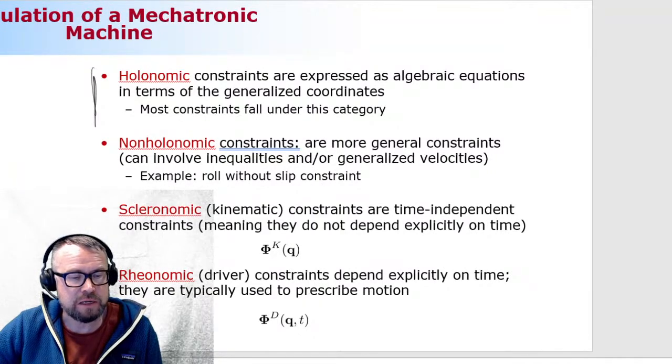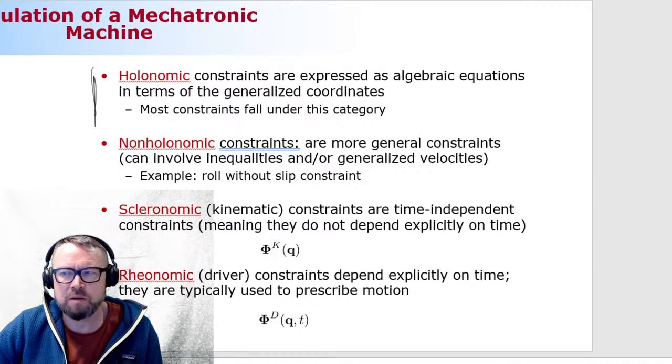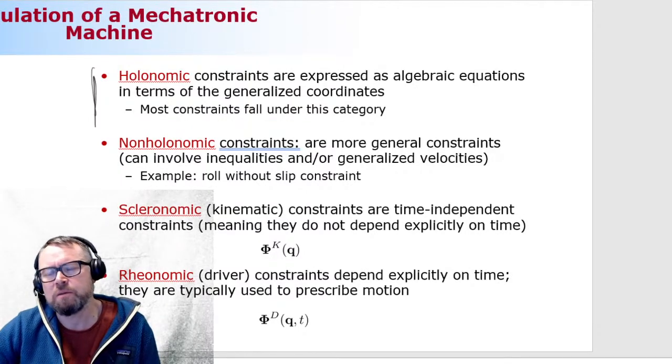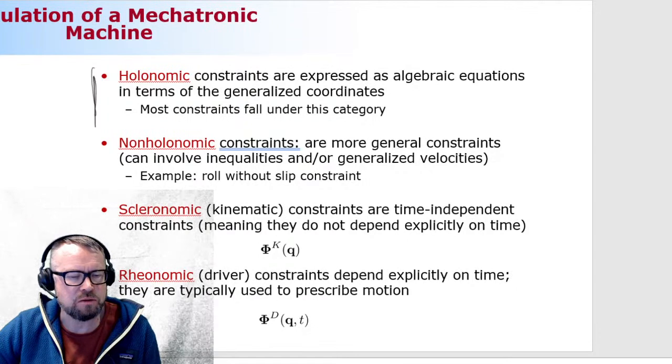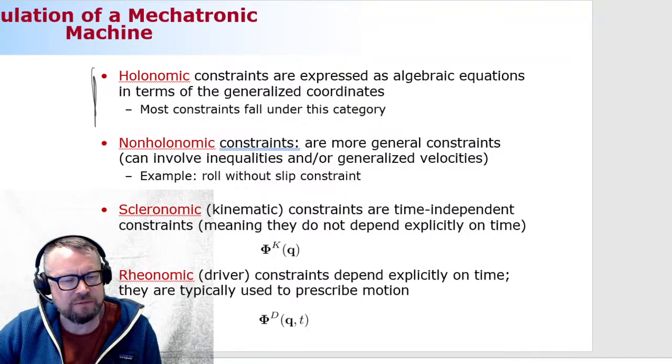Then non-holonomic constraints are constraints that we are not going to cover in this course. Those are like rolling without slipping. If you want to model a bicycle or a vehicle, then it makes sense to learn how to use these non-holonomic constraints. They involve inequalities or generalized velocities. We are not going to cover that, but this is for your information.